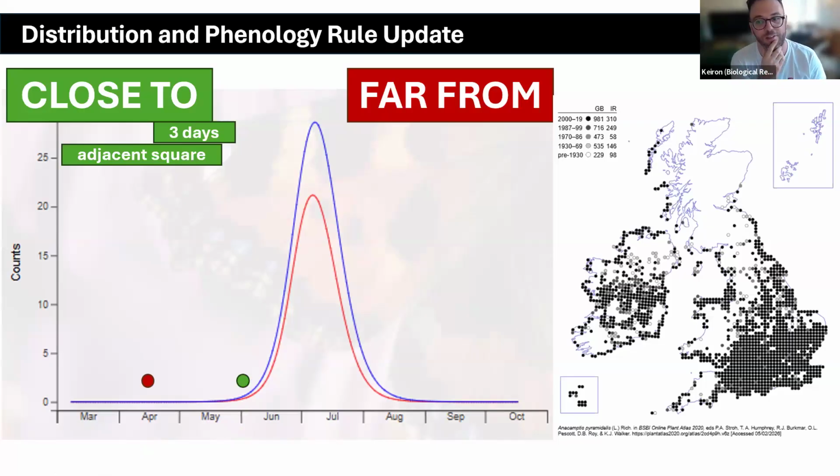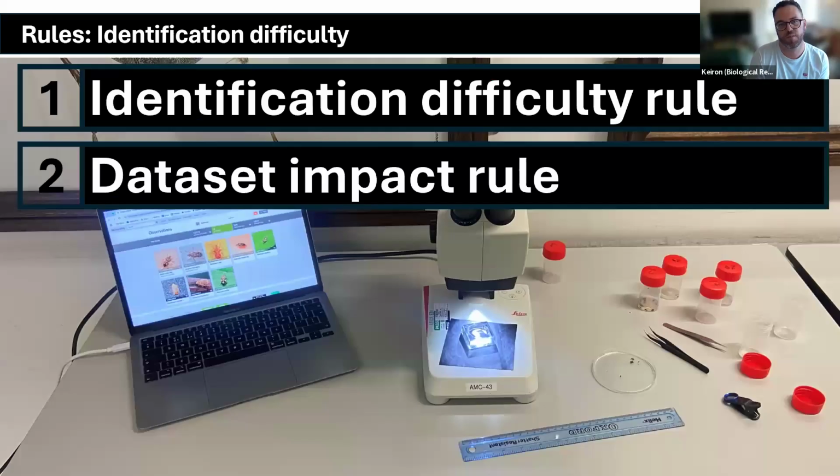It doesn't mean that it's an incorrect record, but it means that there's something odd going on. Maybe there's a sudden change in behavior because it's been really warm that year. Who knows? But it would flag it up. And at location, here we've got one that's in an absent grid square, but right next to others, and far from, again, we're going into Scotland.